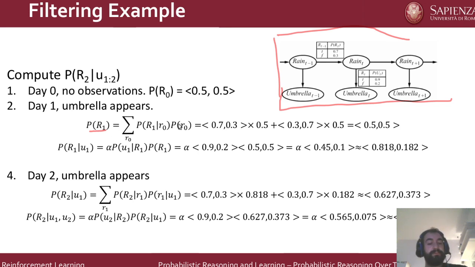So how do we do this? We multiply our prior, for which we don't have a certain estimate, by the probabilities for all the possible values that this variable can assume, which are true and false. So the probability of true and the probability of false. Given that we don't have any certainty about the value of this variable, we multiply this by the transition function.